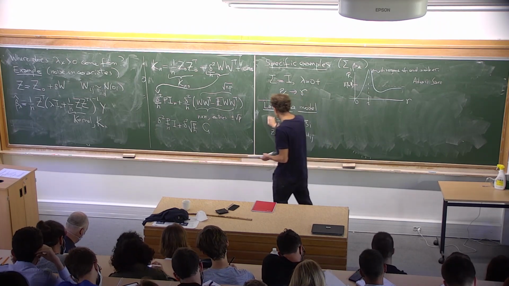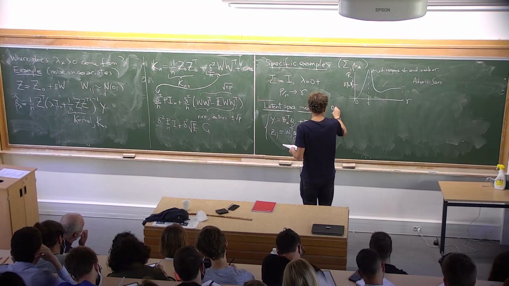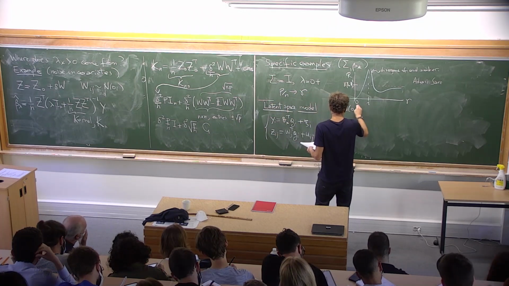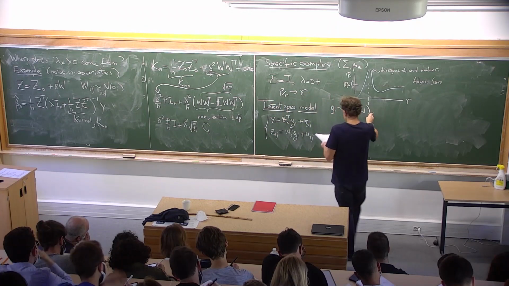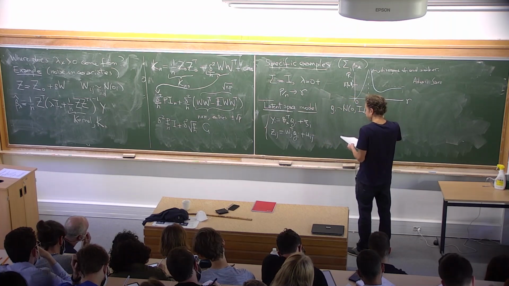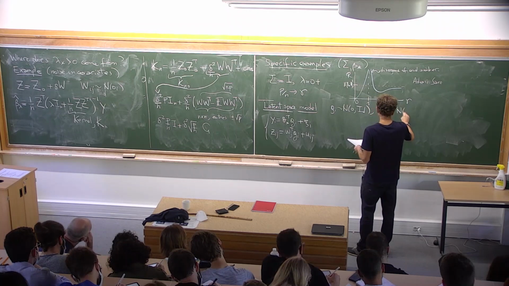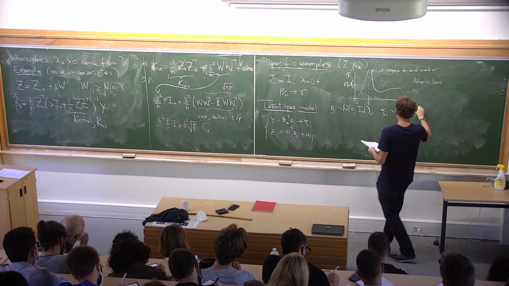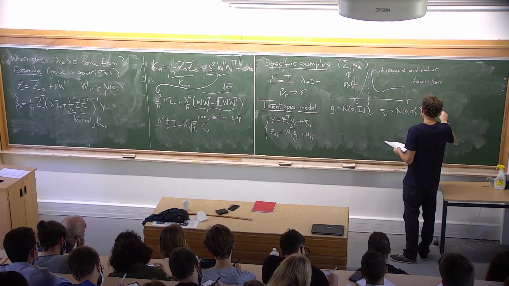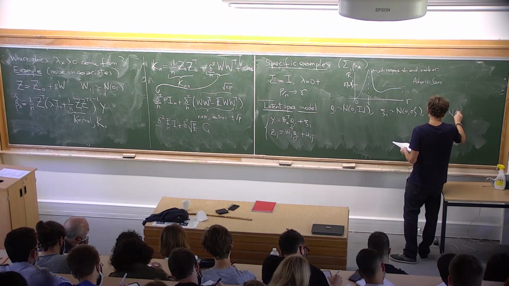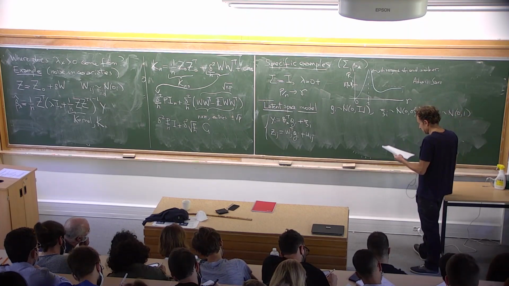I'll take g_i normal 0, I_d, xi_i normal 0, sigma squared, and u_ij normal 0, 1. And those things are independent.